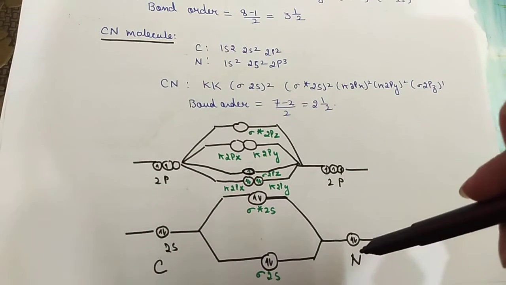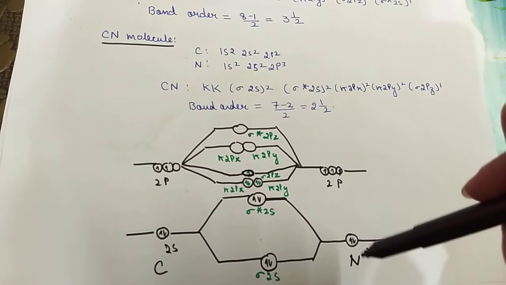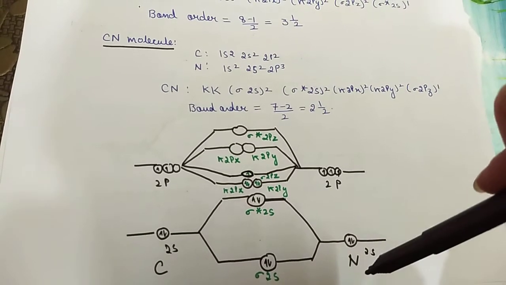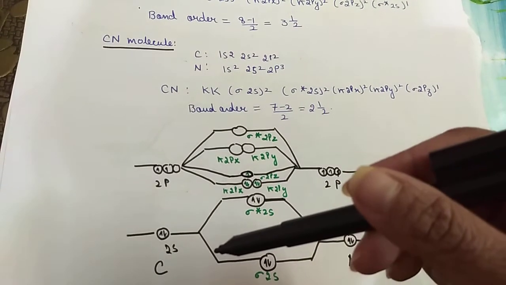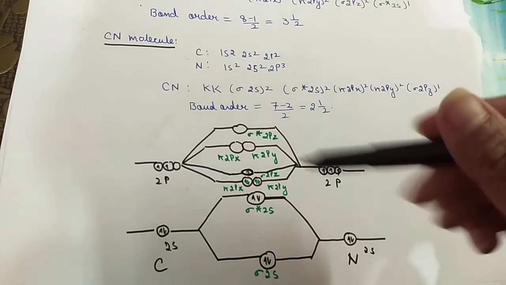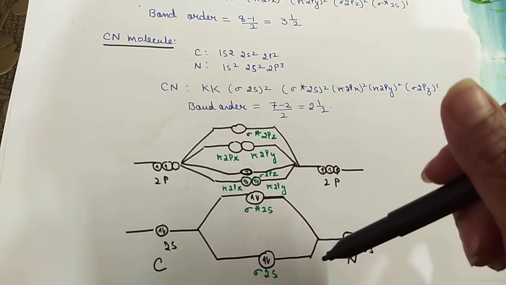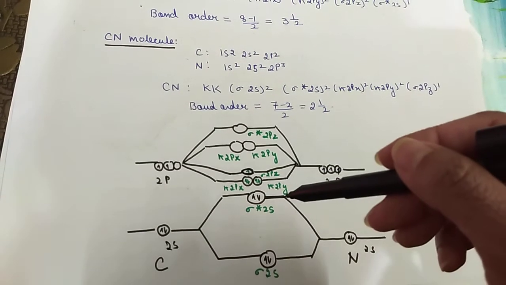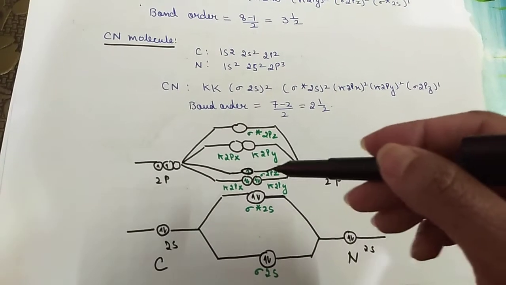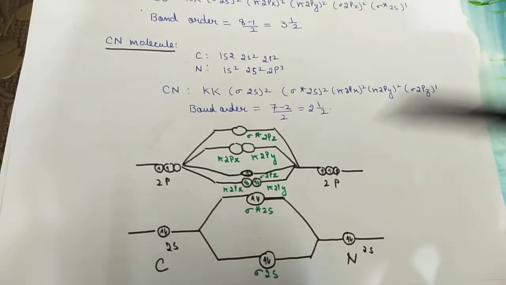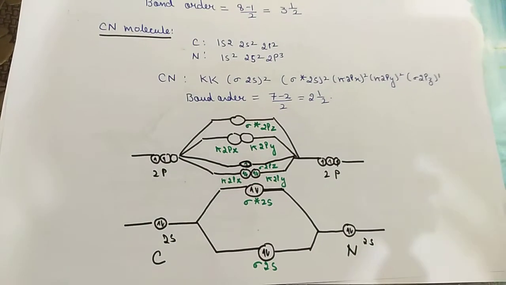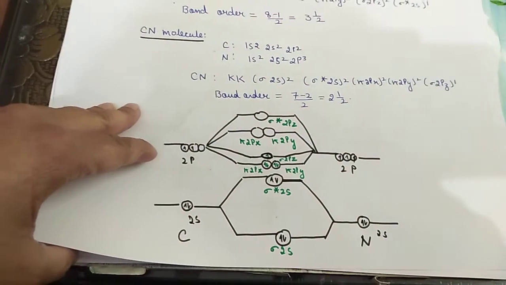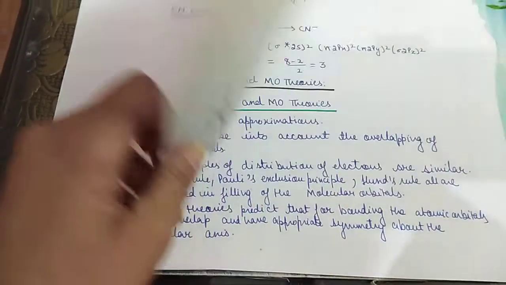So here also the orbitals of nitrogen will lie lower in energy as compared to that of carbon. Then we will fill the orbitals: sigma 2s2, sigma star 2s2, pi 2px2, pi 2py2 and sigma 2pz1. This is how it will be filled. So this is the molecular orbital diagram for CN.